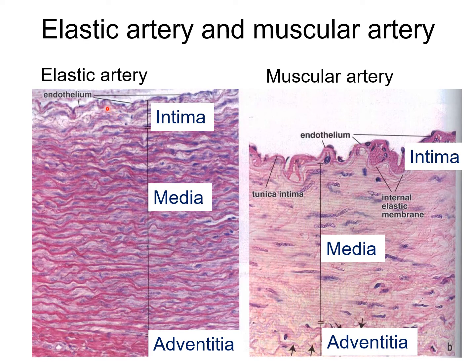This is a comparative picture of the elastic artery and the muscular artery. One can see all three layers: intima, media, and adventitia. The tunica media contains wavy elastic fibers, and in between the elastic fibers are the smooth muscles.